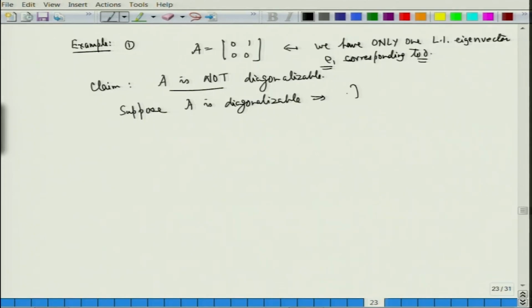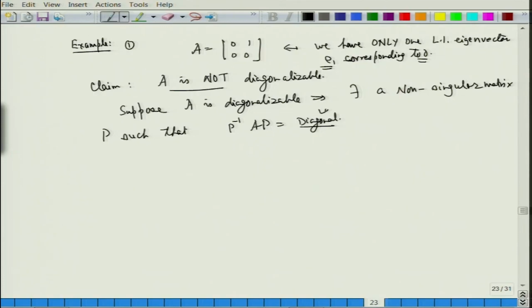which implies there exists a non-singular matrix P such that P inverse AP is diagonal. Now this diagonal matrix and A are similar matrices, so they are supposed to have the same eigenvalues.